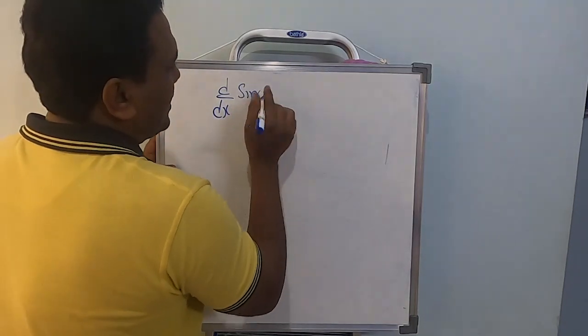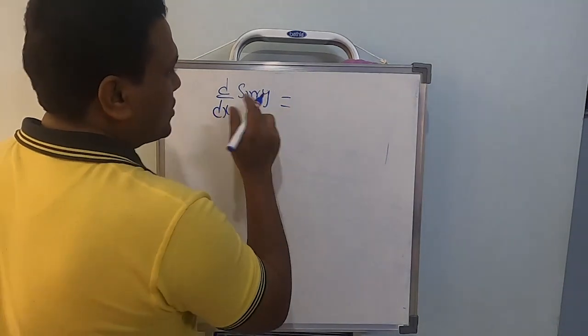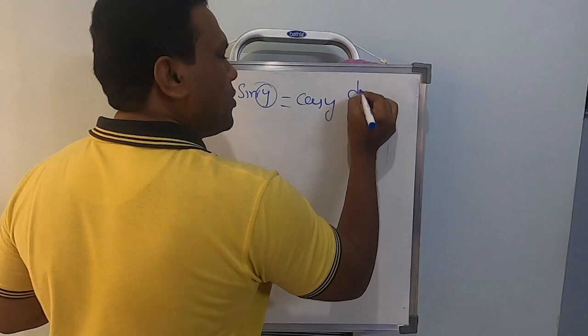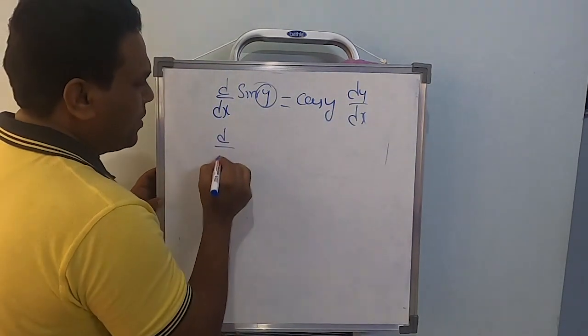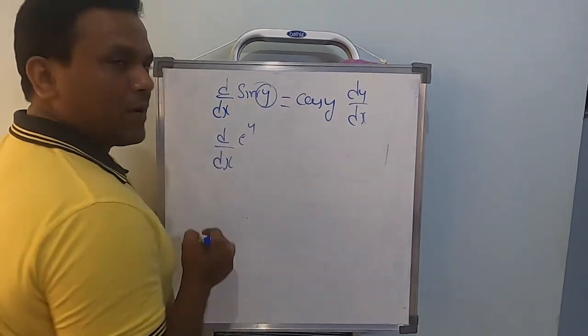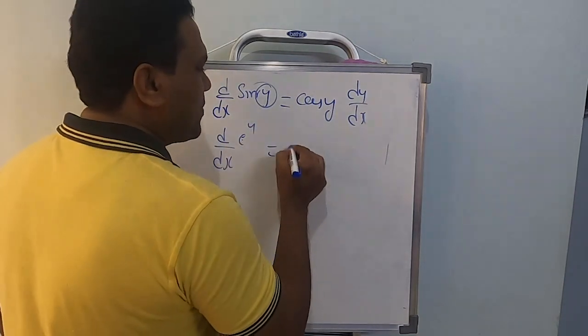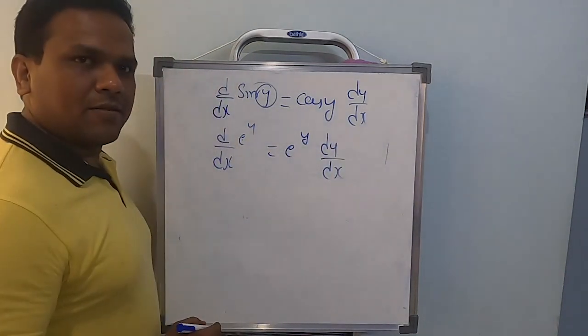Differentiation of sin y. What is differentiation of sin x? cos x. So differentiation of sin y should be cos y, multiplied by dy by dx, since it's a term of y. And if I go for differentiation of e power y, differentiation of e power x is e power x, so differentiation of e power y is e power y multiplied by dy by dx.